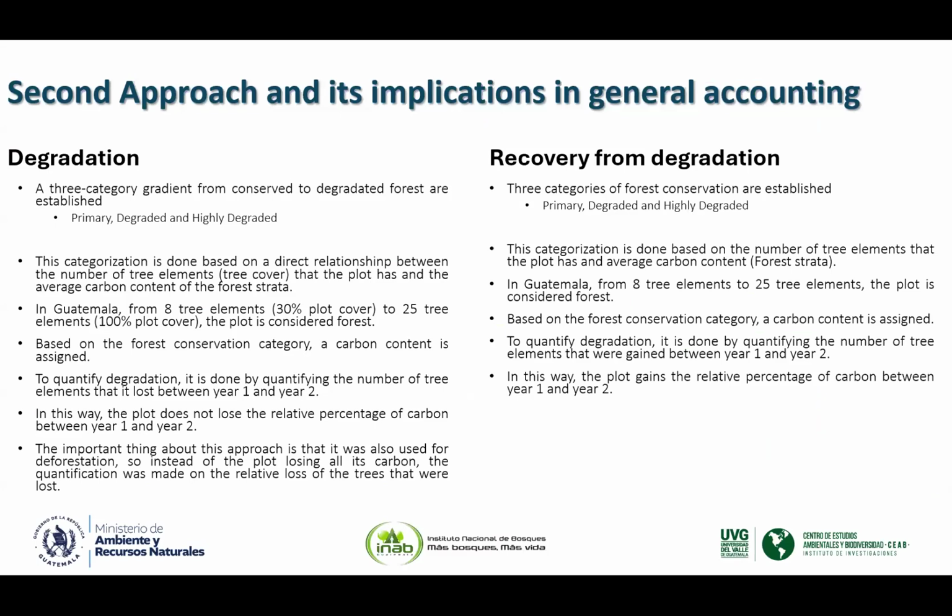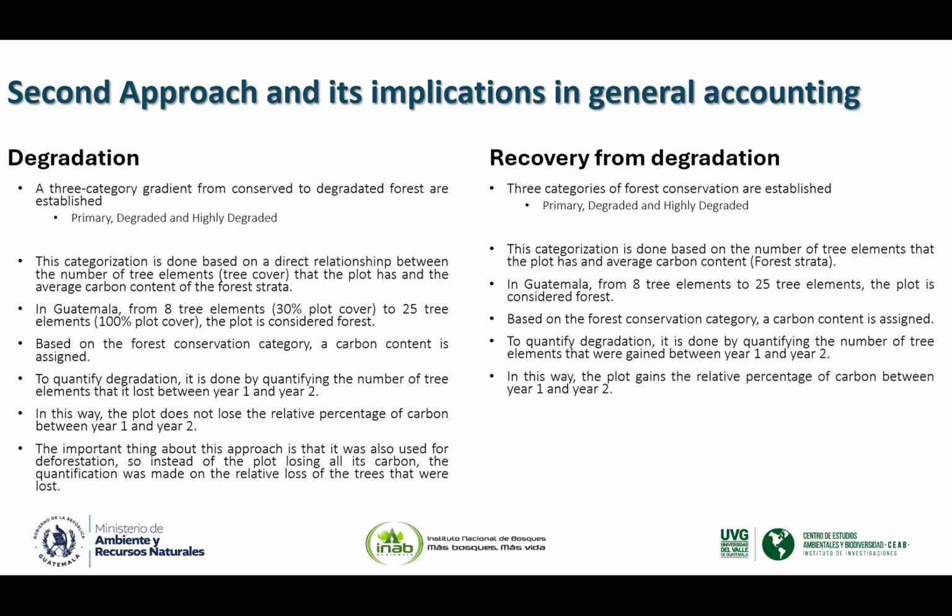For degradation, we established three categories of gradients from conservative to degraded forests: primary forest, degraded forest, and highly degraded forest.